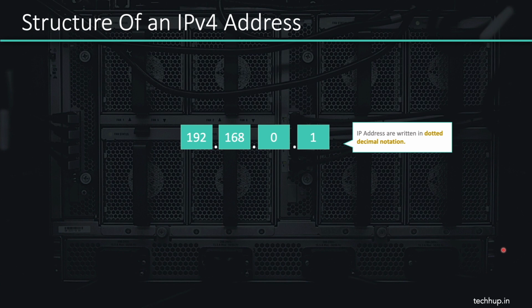And each of these segments that you see separated by the dots are called the octets. And each octet is 8 bits of information. So 8 bits of 4 segments of information, or 4 octets of information, that is a total of 32 bit of information. So a total of 32 bits make these 4 octets here.